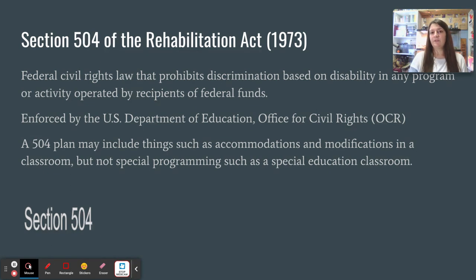So when we talk about a person with a handicap or a disability, it is something that prevents them or limits them from one or more major life activities. So different types of handicaps and disabilities would be a physical impairment or a mental impairment. Physical impairments could look like anatomical loss, cosmetic disfiguration, or a physiological condition. So this could be different types of students, like a student in a wheelchair.